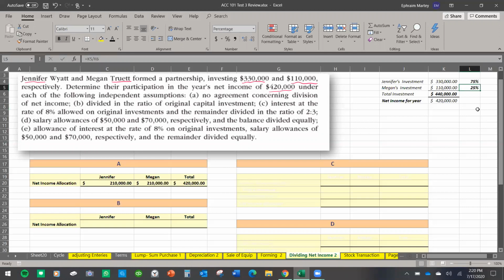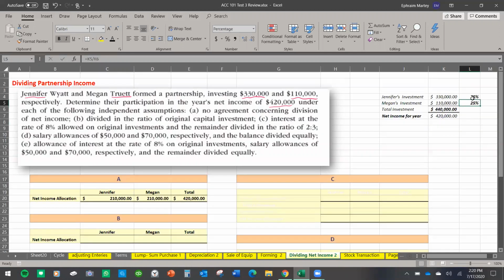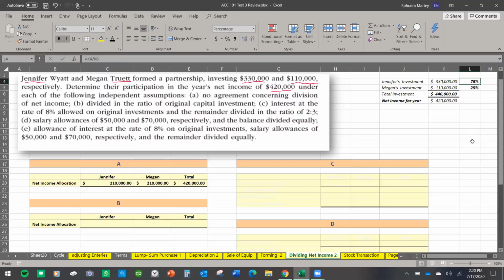So out of the total investment, she invested 25%, that one invested 75%. So that is how we're going to share the net income among them based on their ratio. Our net income is 420,000, so I put it here.